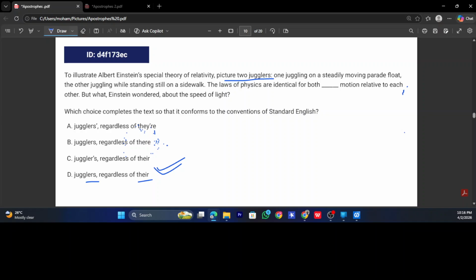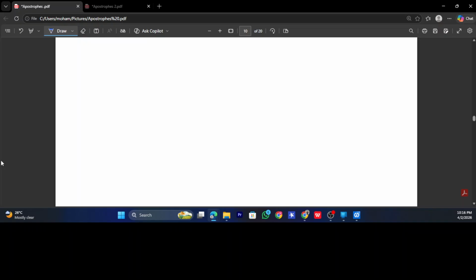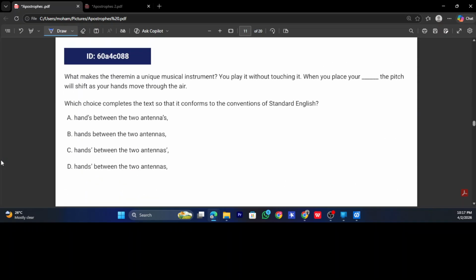And C is also incorrect because the context requires the plural jailers. So after a preposition, you do not need an apostrophe, and after a comma, you also do not, so it is B.